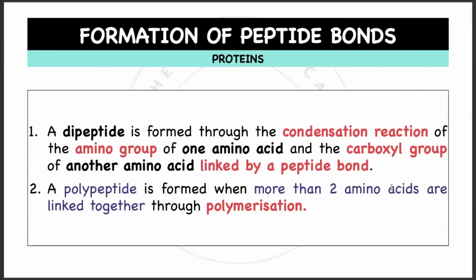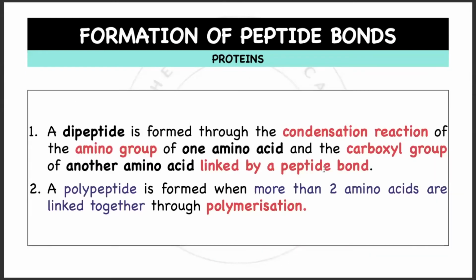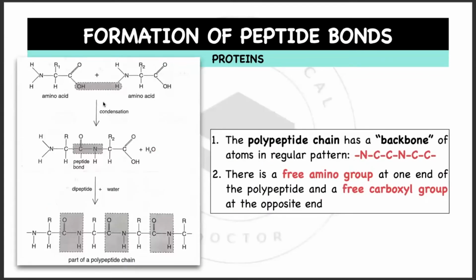Alright, so let's talk about the formation of peptide bonds. A dipeptide, di meaning two, is formed through the condensation reaction of the amino group of one amino acid and the carboxyl group of another amino acid linked by a peptide bond. So you have the carboxylic group over here and the amine group over here.